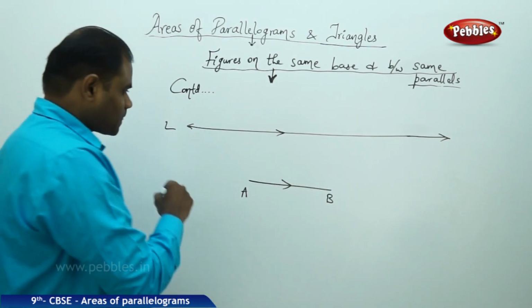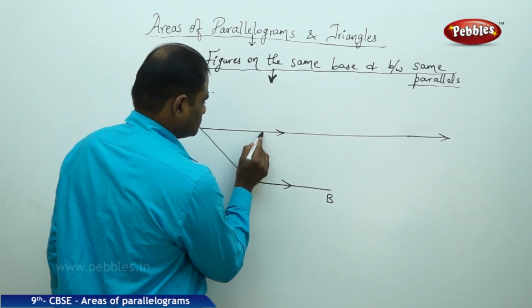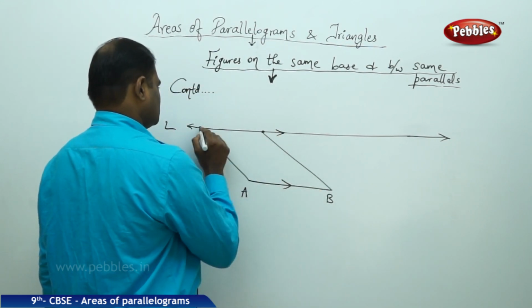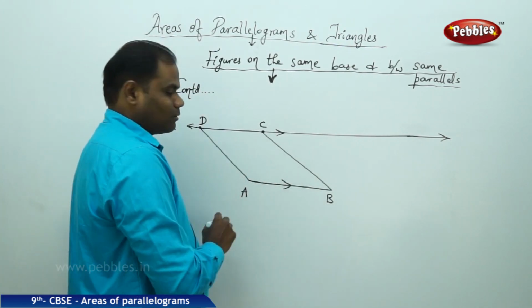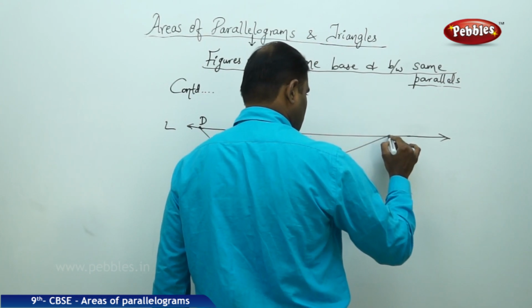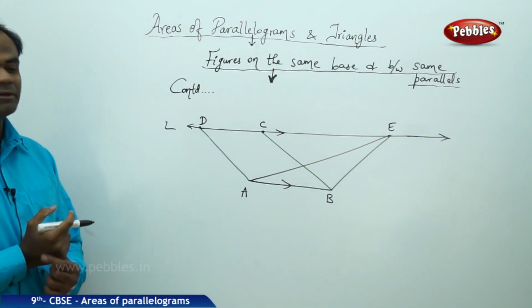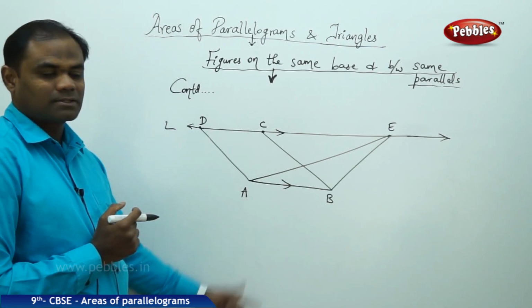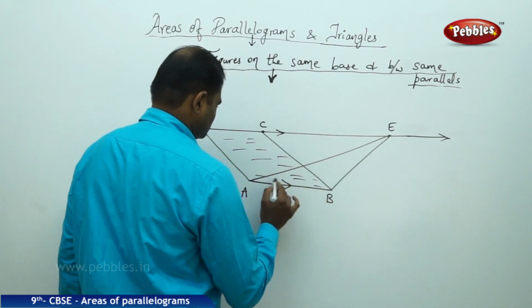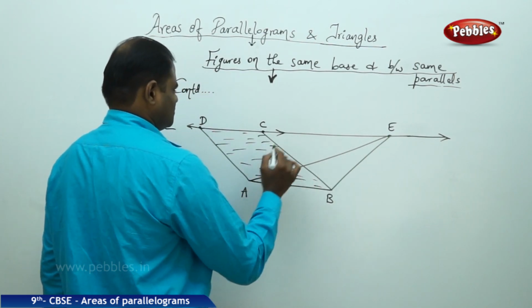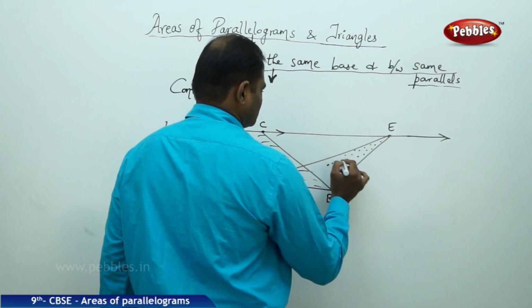Now AB is the same base, and let me take two points C and D where ABCD is a parallelogram, and let me take a point E such that there are two figures formed between the same base AB and between these two parallels, one of them being this parallelogram and this being a triangle.